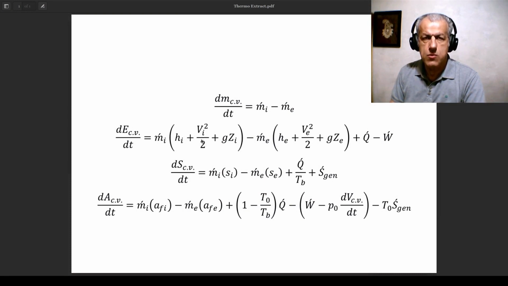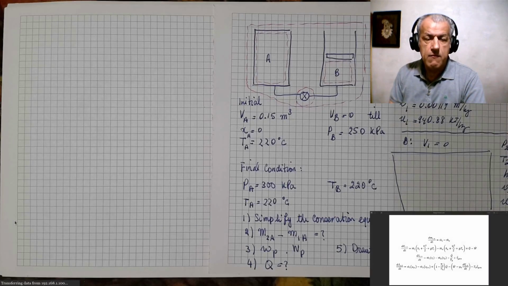What we want to do is to simplify these equations for the control volume or control volumes that we specify. Now, look, we have four control volumes, in fact.